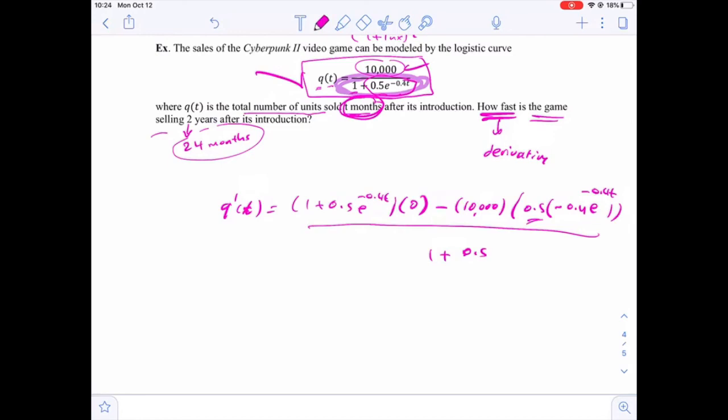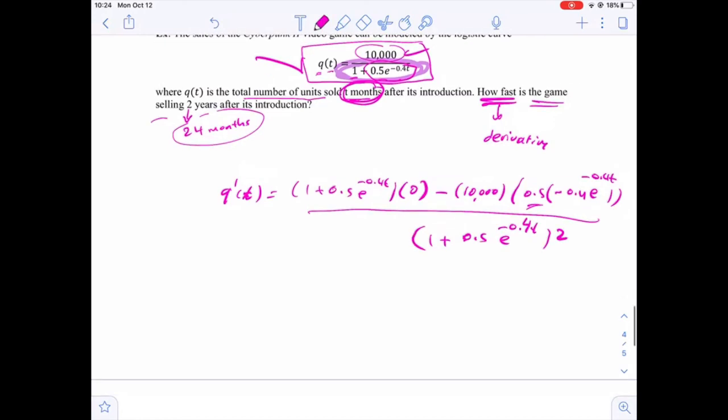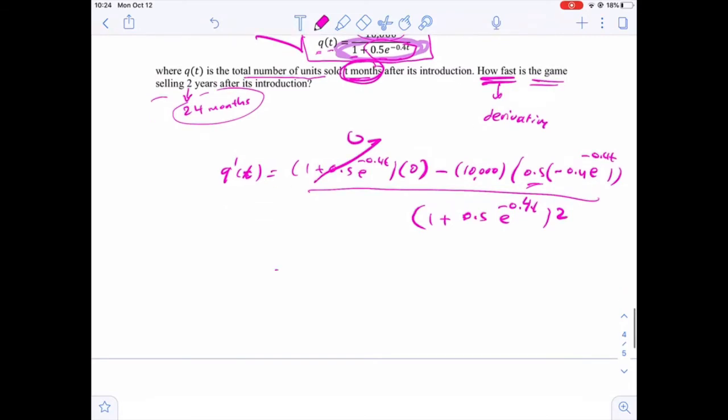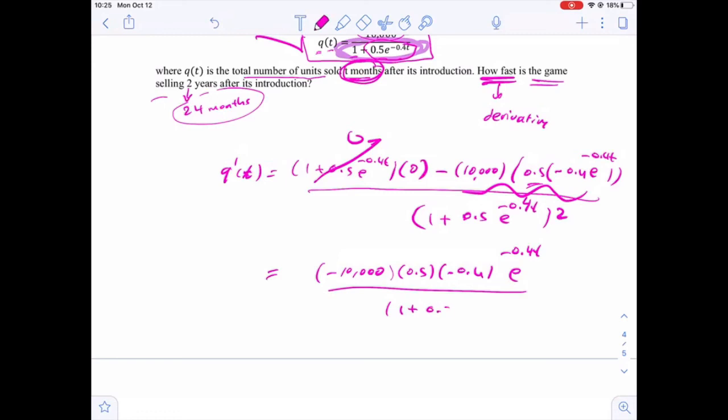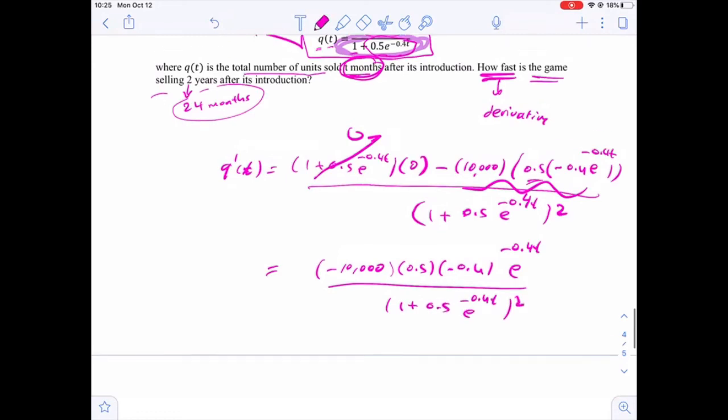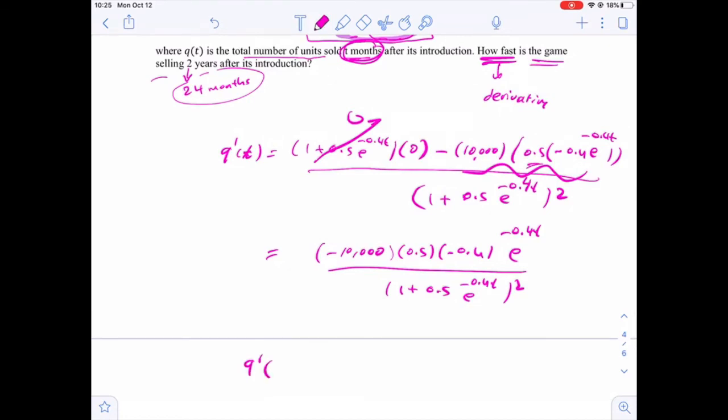The denominator is 1 plus 0.5 e to negative 0.4 t all squared. Now this is 0, and we get negative 10,000 times 0.5 times negative 0.4 times the exponential function all over 1 plus 0.5 e to negative 0.4 t all squared.